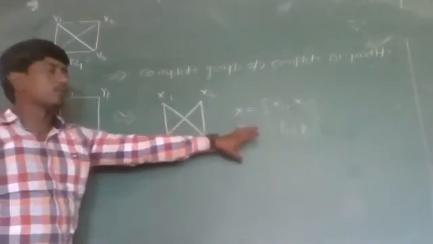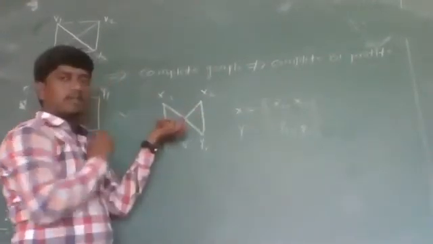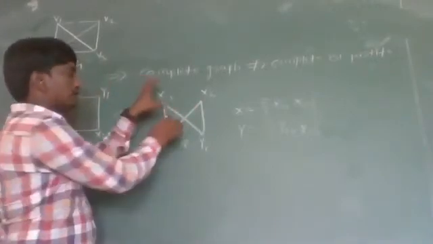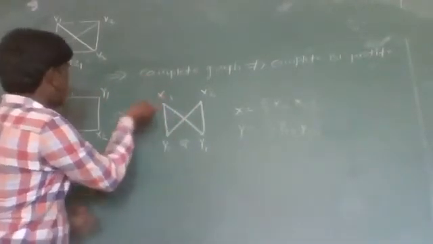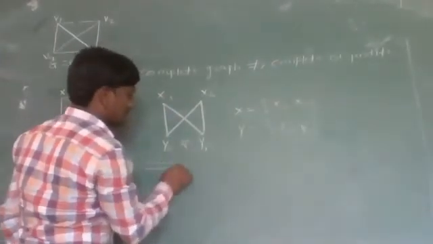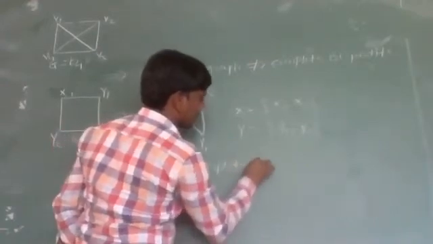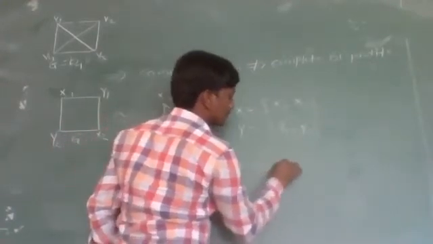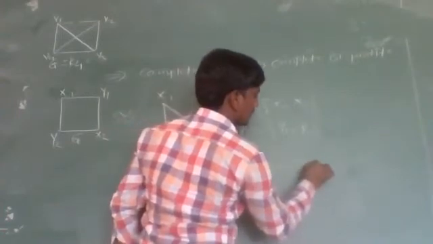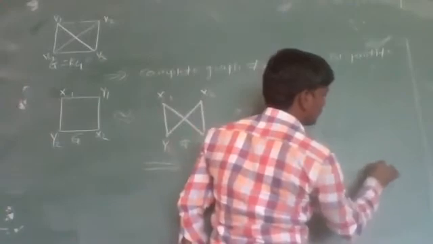So here we get the bipartition X union Y equal to V and X intersection Y equal to phi, and this is a simple bipartite graph. Hence this one is a complete bipartite graph, but this graph is not complete. So from this we can say that a complete bipartite graph does not imply complete.